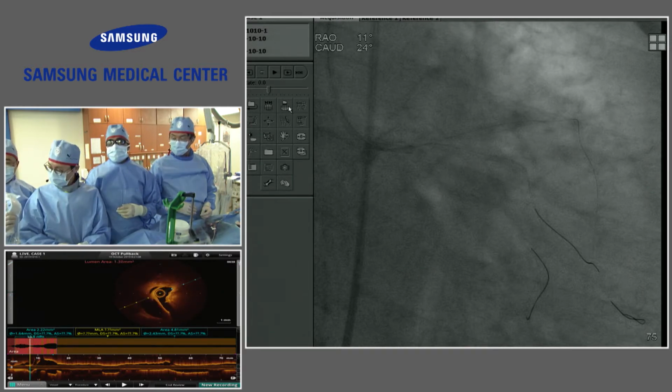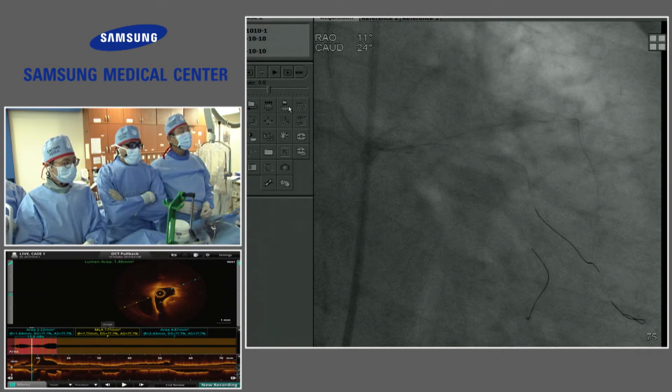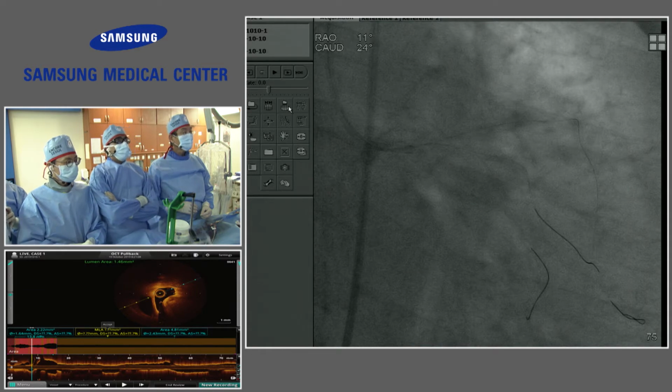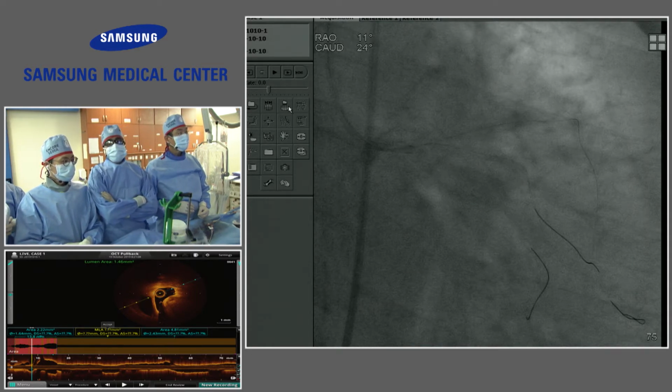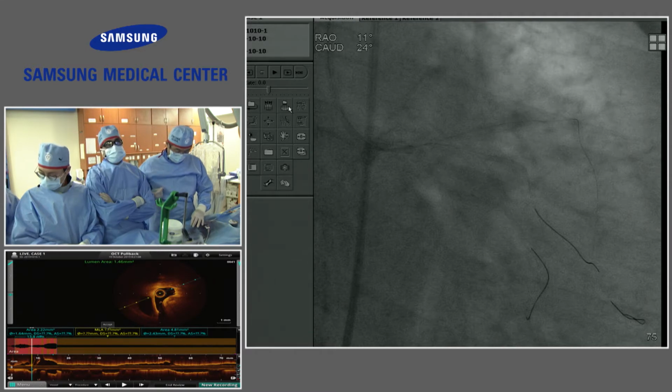So what did OCT teach us in this situation? This is a calcific protruding nodule at the ostium of the OM. We haven't gone back completely to the ostial left main because on the angiogram it doesn't look particularly diseased. But there's no reason that the OCT is not able to do that. That would simply require a small disengagement of the guide catheter.